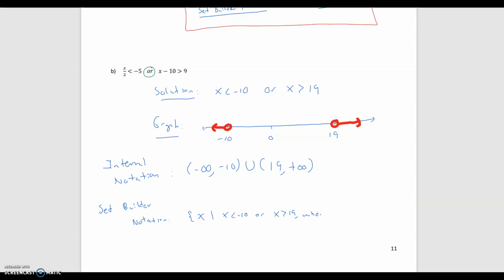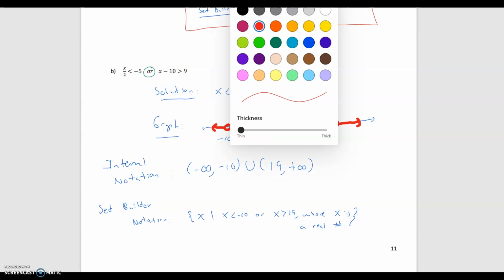And then we would just say where x is a real number. And then let me close the squiggly bracket. And that's it for this one.